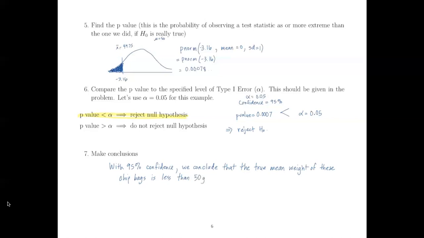And quite often in these sentences, you'll include the p-value so the reader can make their own judgment. So there's my p-value, okay? So I'm rejecting H naught. We have evidence to say HA is true. And in this case, HA was that mu was less than 50.